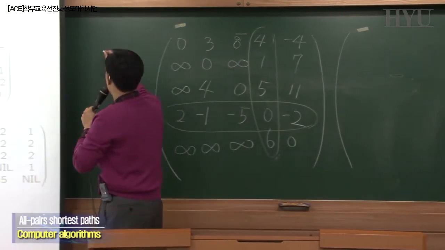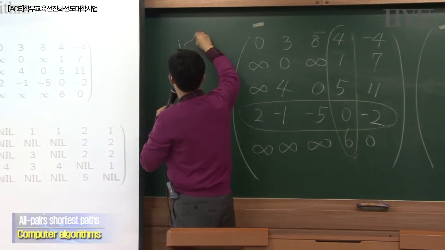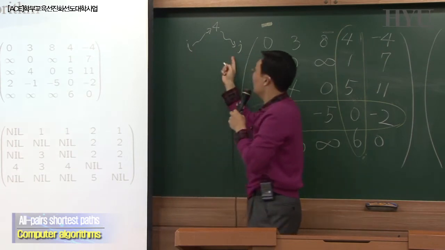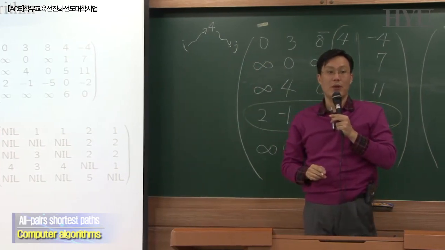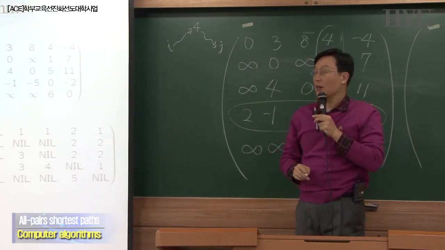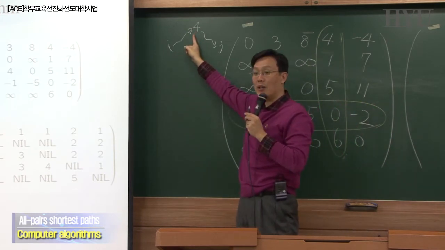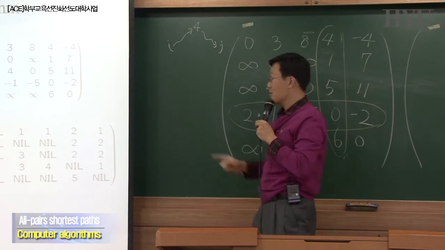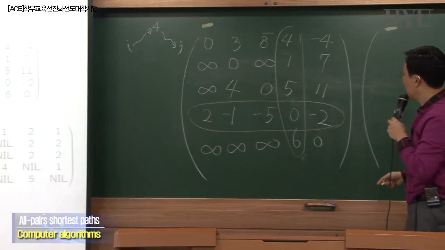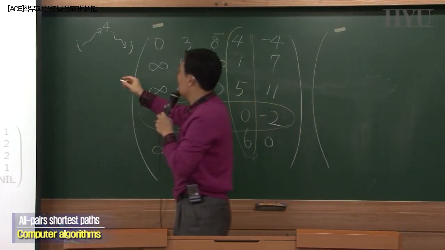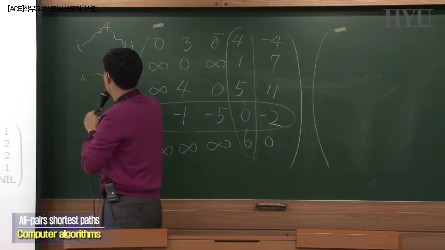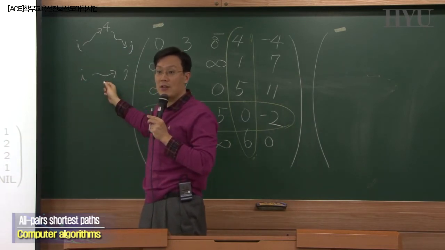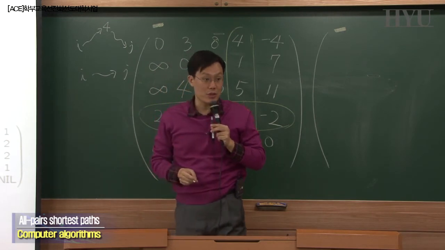Then we are going to calculate this for every vertex pair i, j: from i to 4 and 4 to j. Okay? Then we take the minimum between these two values. In this case, vertex 4 isn't used.